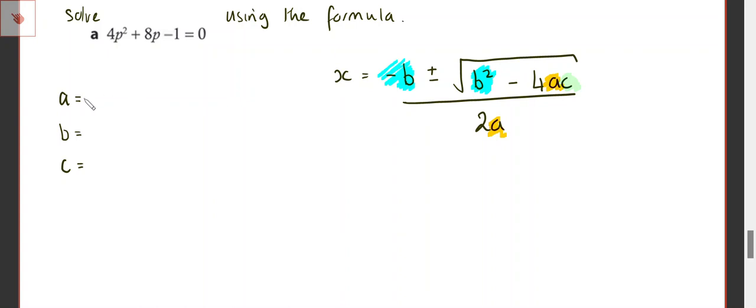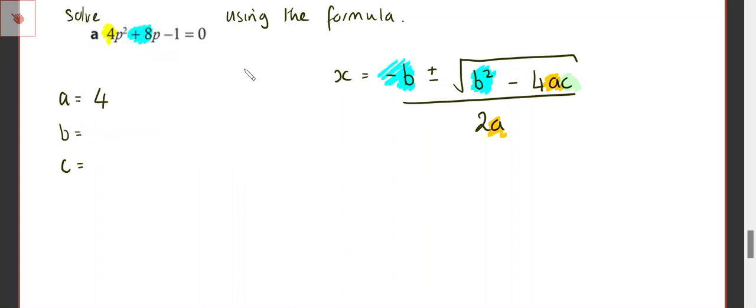Almost. A is 4, because A is the number before the variable, and it's just the number. B is the number and sign before the one in the middle.